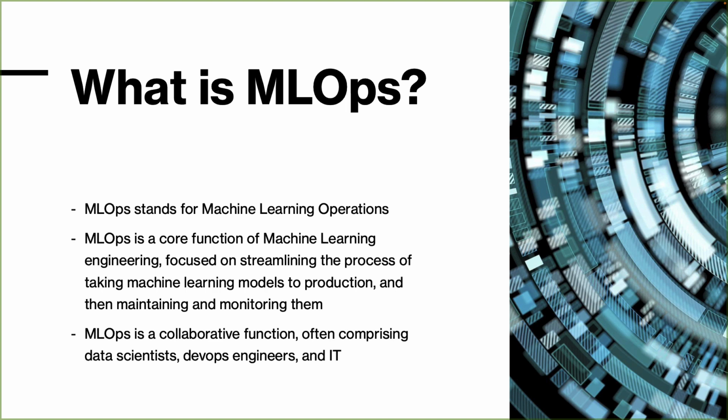Not just deploying them to production, but along with that, we are interested in maintaining as well as monitoring those machine learning models. I can also say MLOps is a collaborative function. The MLOps team will consist of data scientists, DevOps engineers, as well as IT practitioners. So this is the core idea about MLOps.